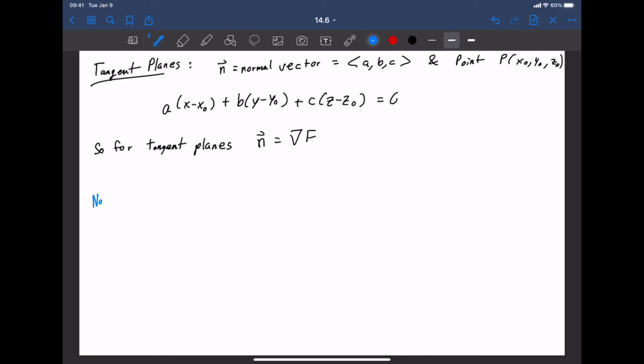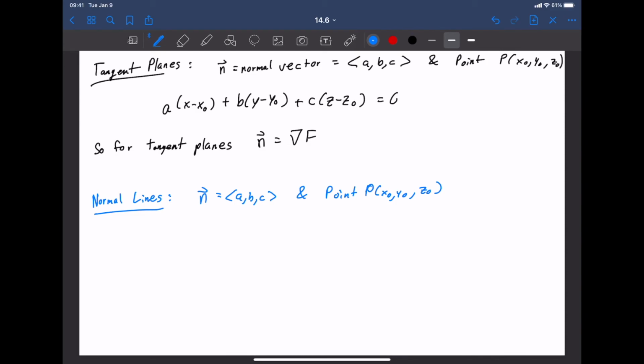And for normal lines in 3D space, we use that same normal vector, still A, B, C, and we still have the same point. And then the easiest way to turn that into an equation of a line, remember that we don't have one sort of equation of a line.